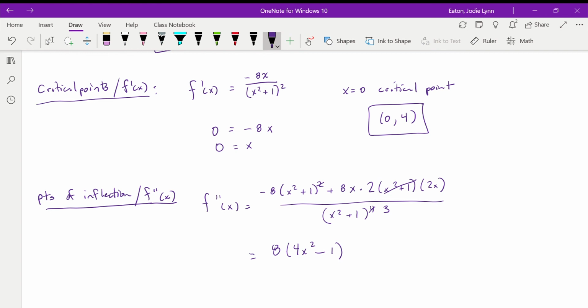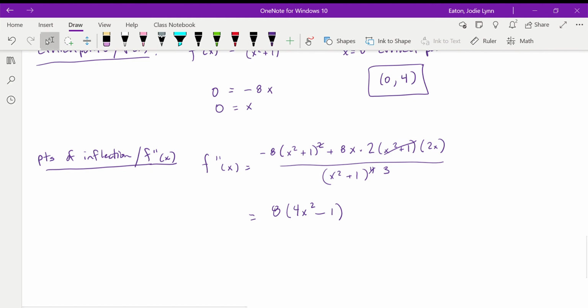Okay, so 8 times (4x squared minus 1). That 1 is the only thing that we're left with when we factor out the 8 from the front. And then that's over (x squared plus 1) cubed.